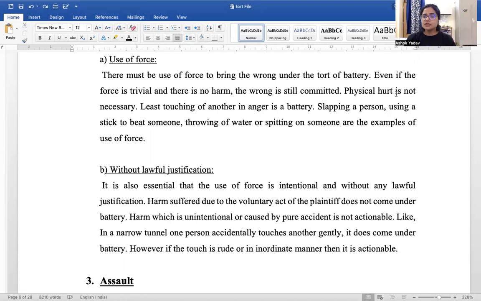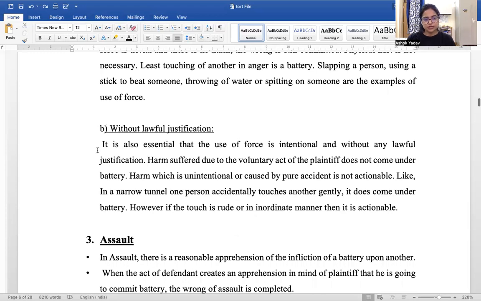Right? Physical hurt is not necessary. Least touching of another in anger is a battery. Slapping a person, using a stick to beat someone, throwing of water, or spitting on someone are examples of use of force. Right? So these are some examples of battery.